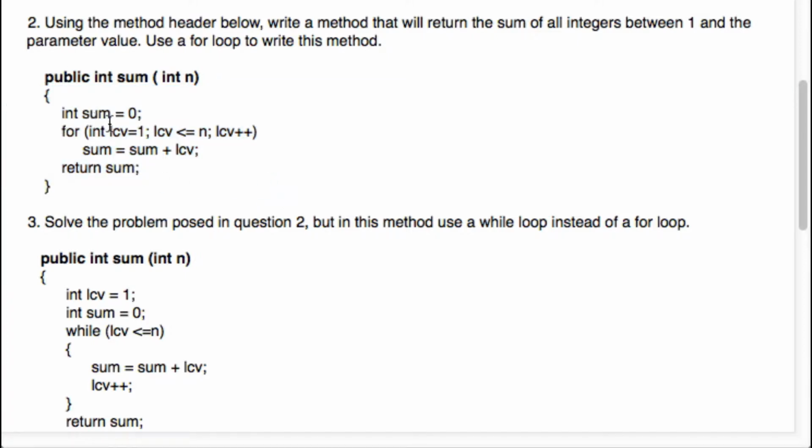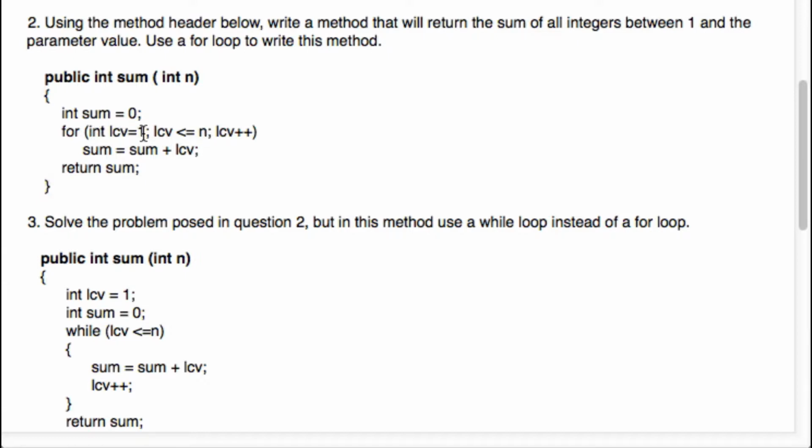So in this case, we're summing up all the integers between 1 and n. So we always set our sum variable to 0. For int LCV equals 1, LCV less than or equal to n, our stopping condition, right? That's for loop.